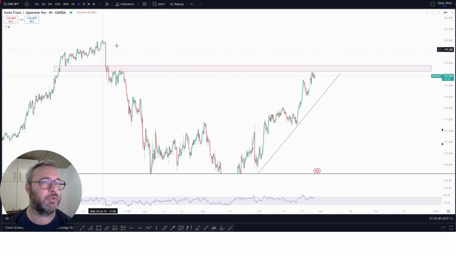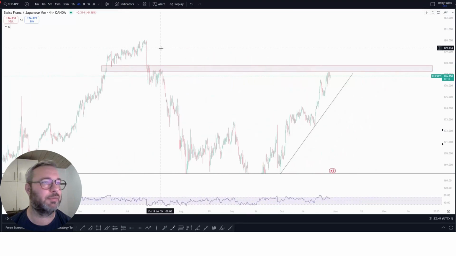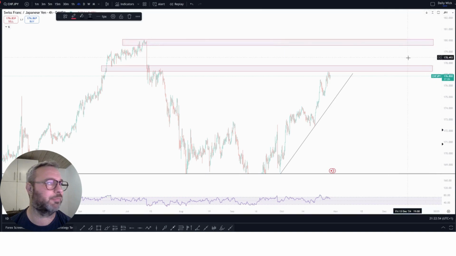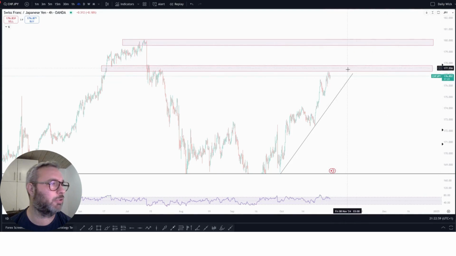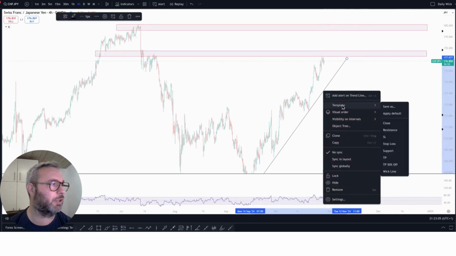And the next one will be, just take this one up here. So again, an alert above here. If it breaks, use this as support, and an alert up here, and an alert on the trend line.